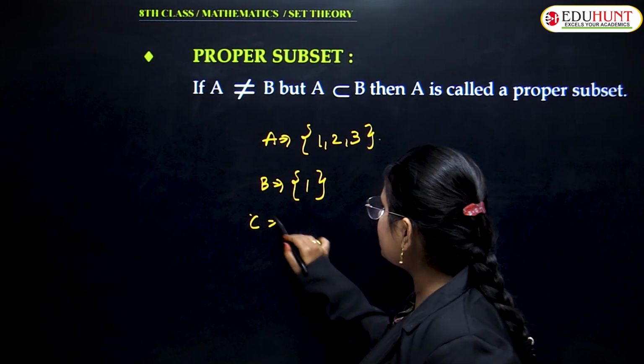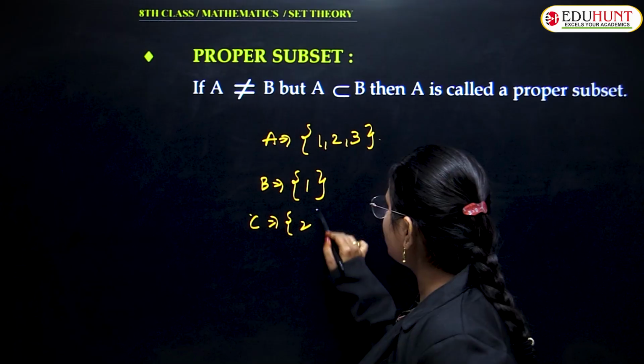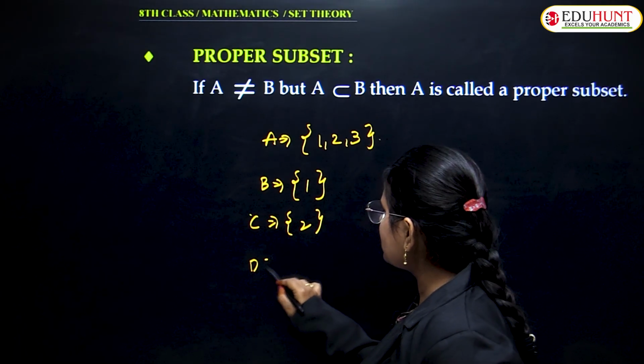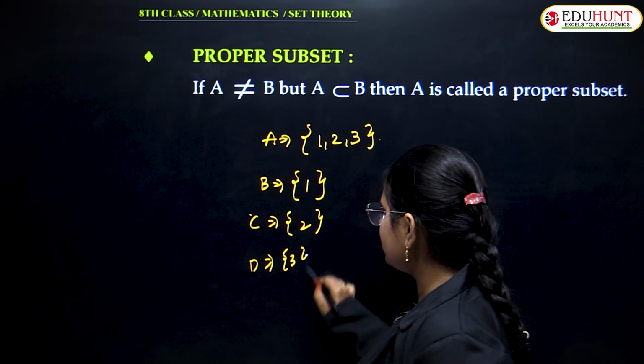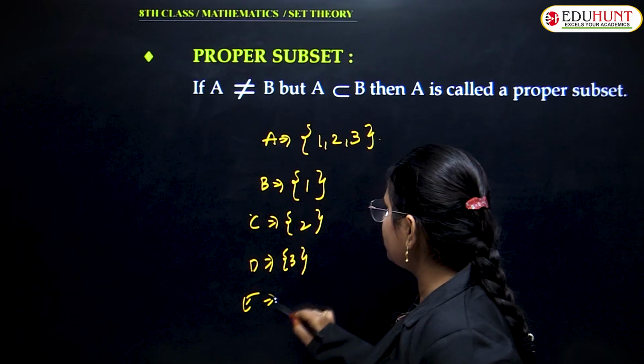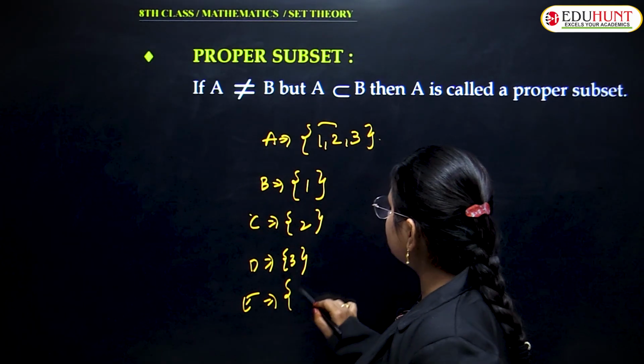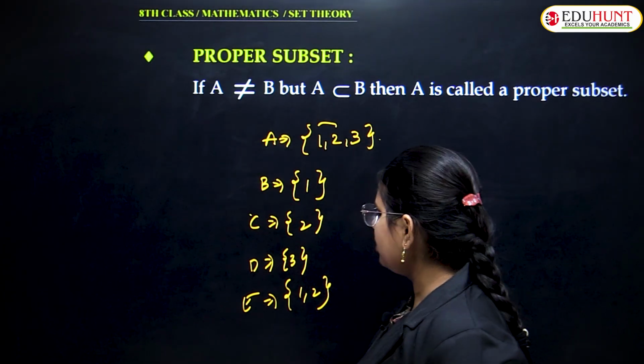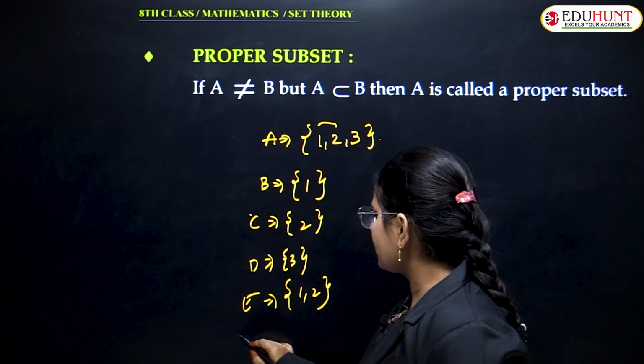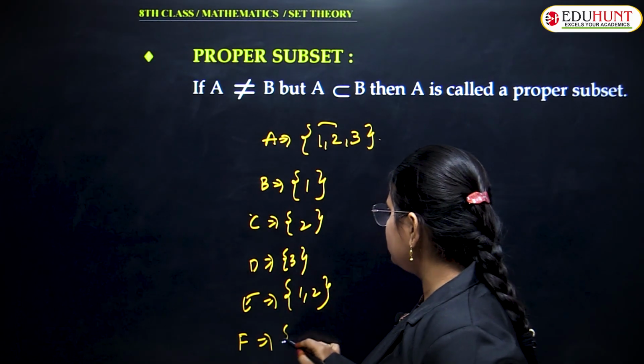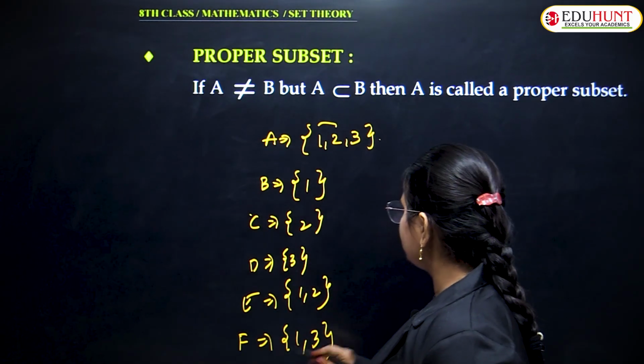Next, C is equal to 2, D is equal to 3, E is equal to 1, 2, F is equal to 1, 3.